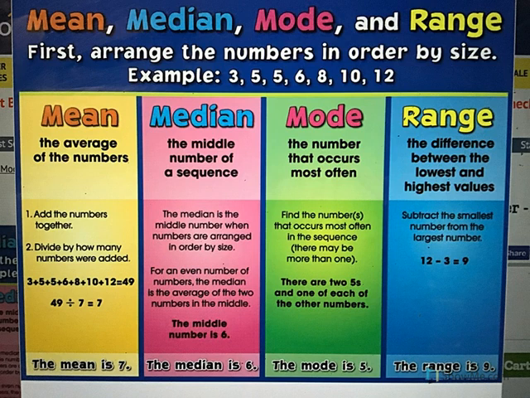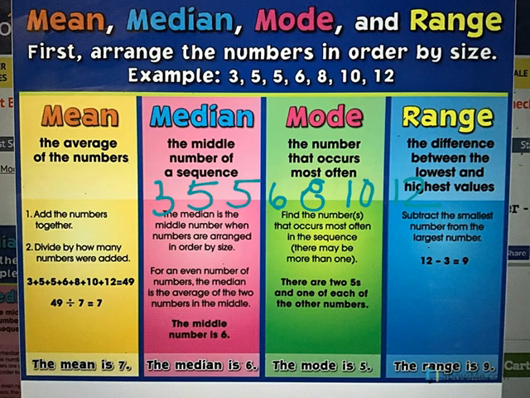In math, the median means, again, the middle, after you put the numbers in order from least to greatest. Okay, so as you can see, let's do this. Let me get a different color. So we're going to do it here in the middle. So if I had 3, 5, 5, 6, 8, 10, and 12.